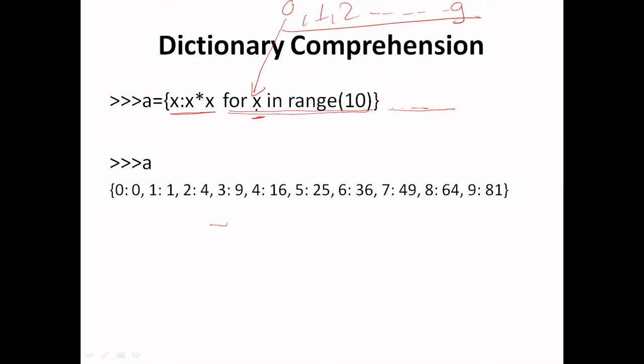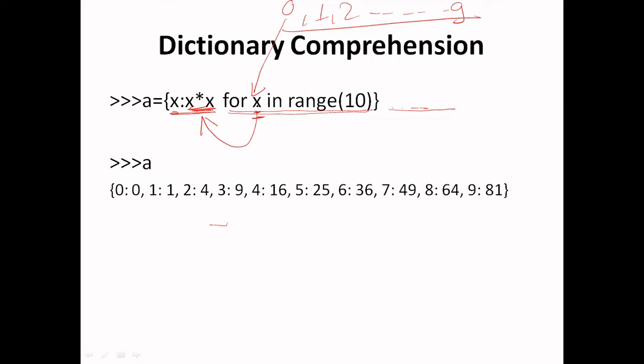As soon as the variable x is assigned, it is passed to the output expression, which will create the value x colon x square. That means the first part will become the key and the second part, its square, will become its value.